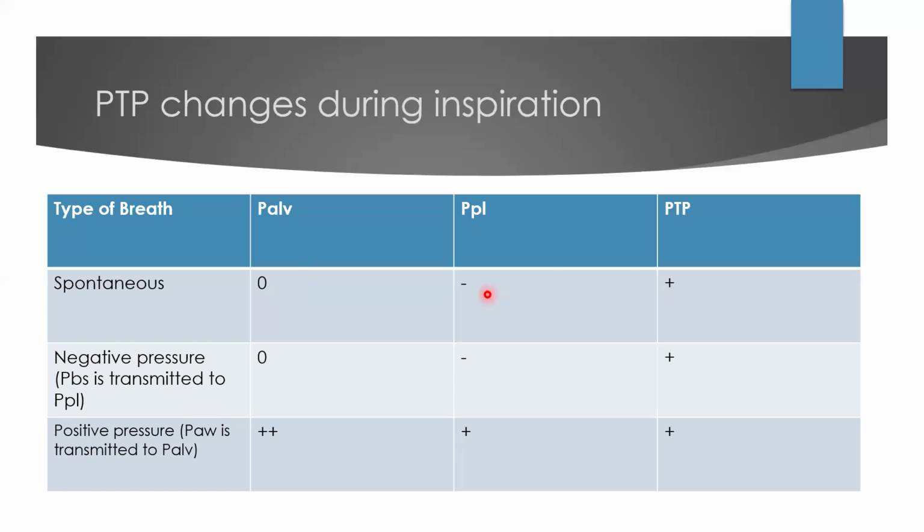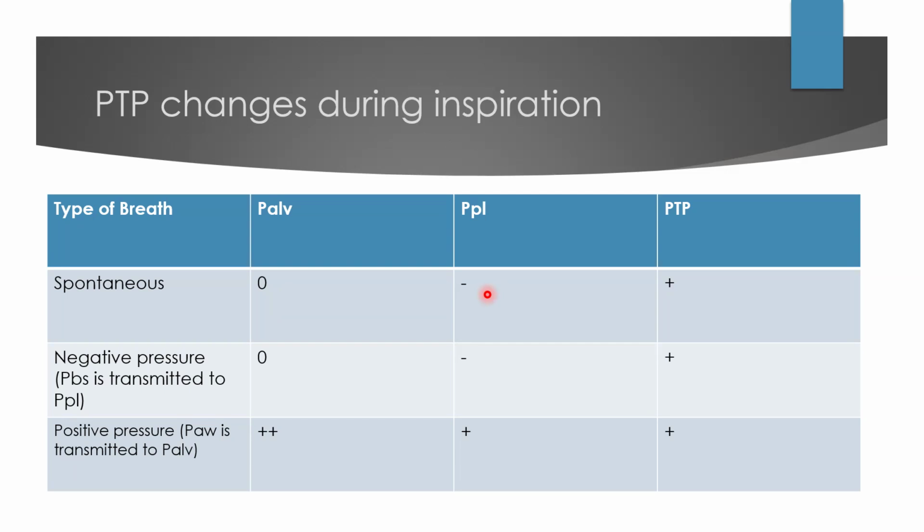What happens is that during inspiration, the diaphragm moves down and the thoracic cavity expands, and the pleural space also expands and the pressure inside the pleural space drops. So at rest it is taken as -5. At rest it is negative because why?